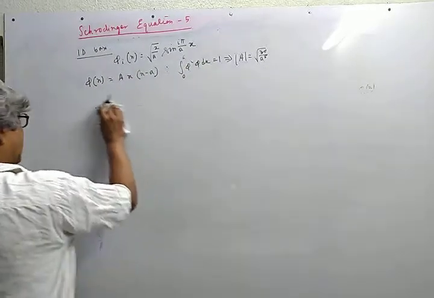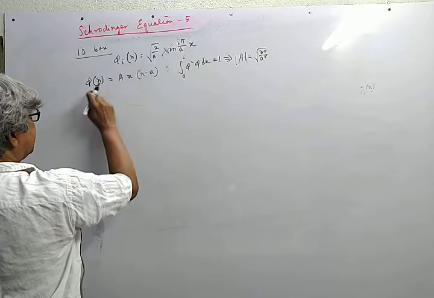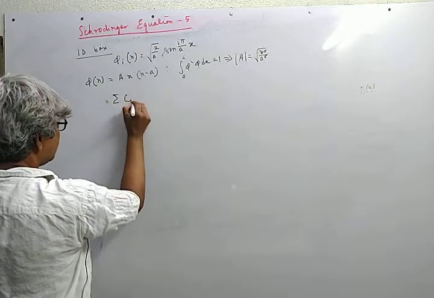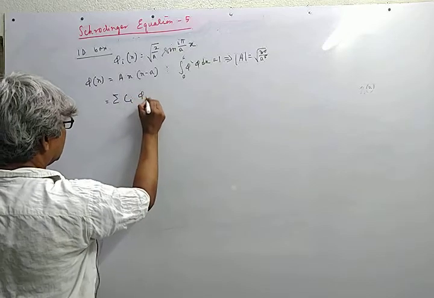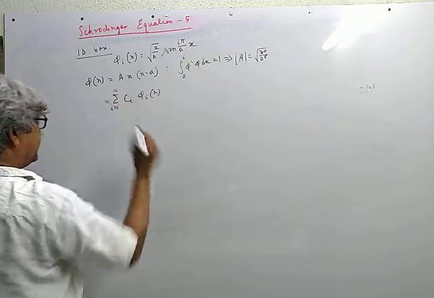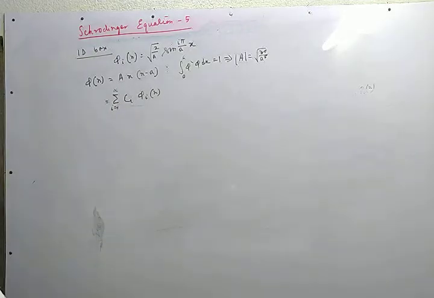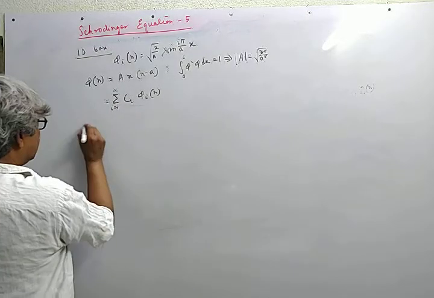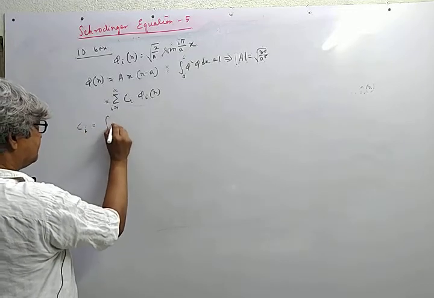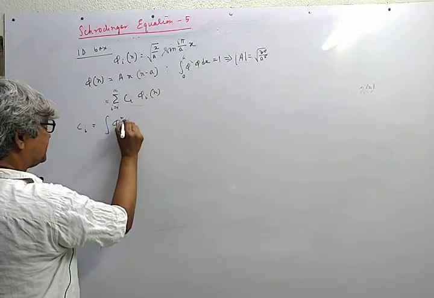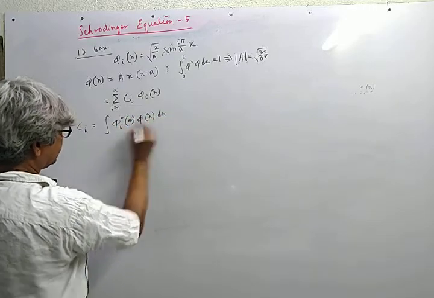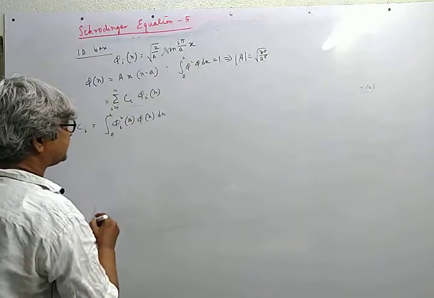Now we expand this in terms of eigenstates, where i runs from 1 to infinity. So to find out Ci, Ci is equal to the integral of phi i star x phi of x dx from 0 to a for the present case.